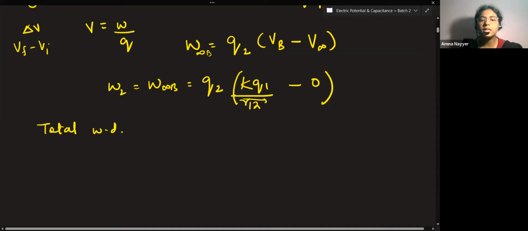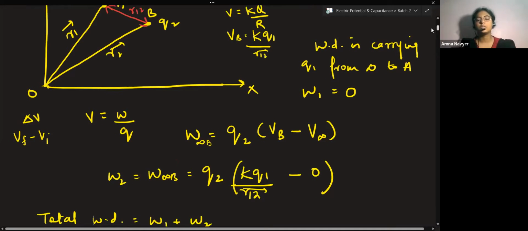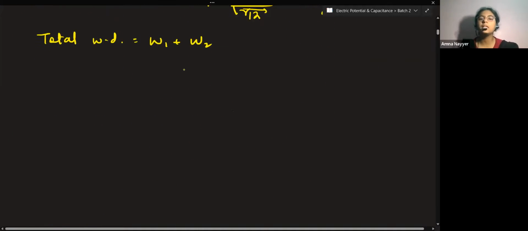So total work done will be W1 plus W2. W1 we had already seen, when only Q1 had been brought, work done was 0. So total work done will be 0 plus K Q1 Q2 divided by R12.